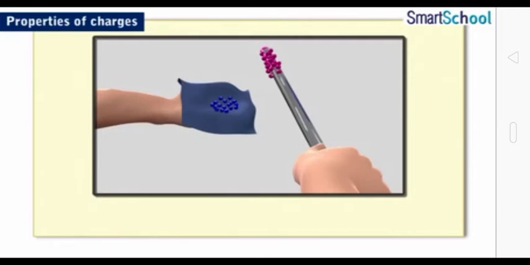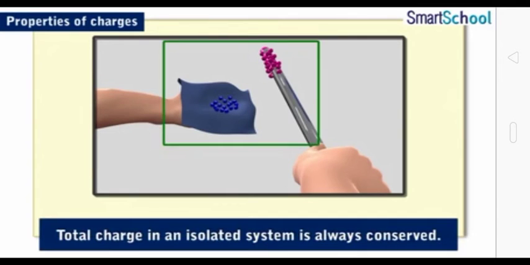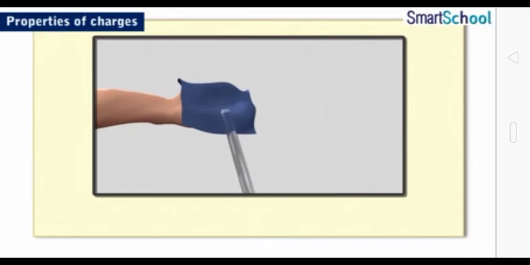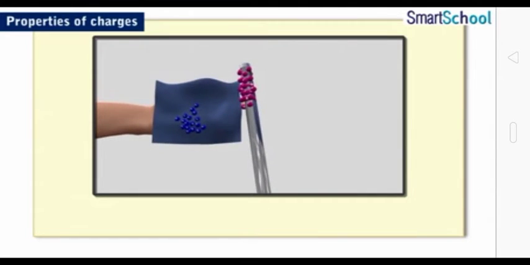Another property of electric charges is that the total charge in an isolated system is always conserved. When a glass rod is rubbed with a silk cloth, then electrons are transferred from the glass rod to the silk cloth. Now, both the glass rod and the silk cloth are charged. Here, there is only a transfer of charge taking place, and neither is a new charge created, nor is any charge destroyed.